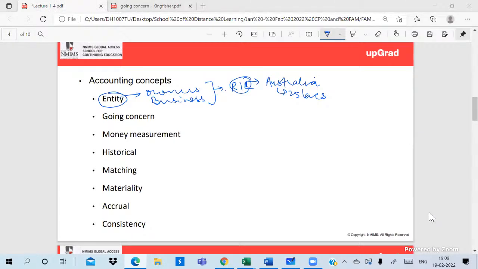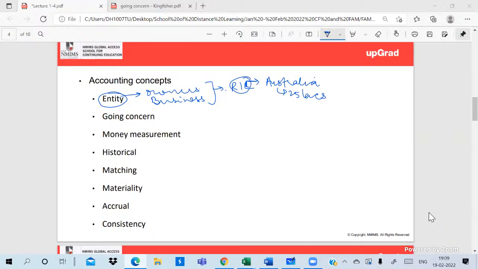Now if you look at this example, if Reliance Industries is spending the money on behalf of Mukesh Ambani, then it's not an expense for Reliance Industries. It's technically an expense that the company is incurring on behalf of the promoter. So Reliance Industries cannot treat it as an expense in their income statement because it's not done for the company.